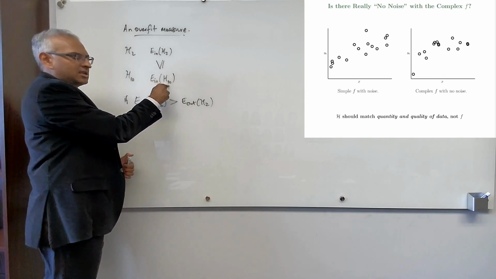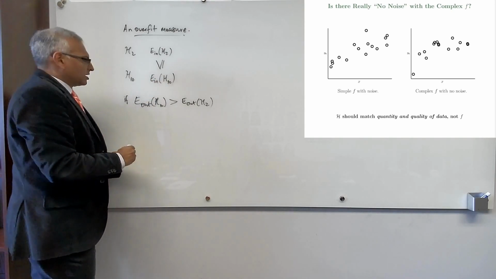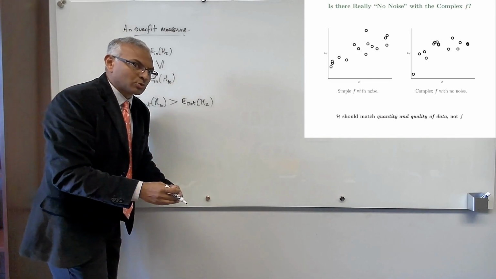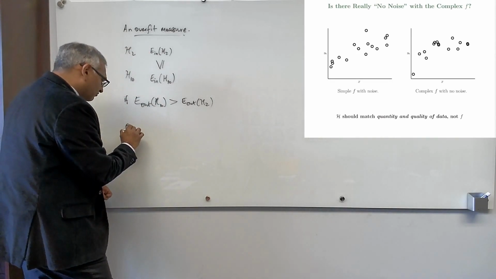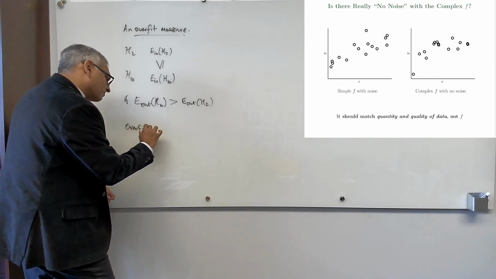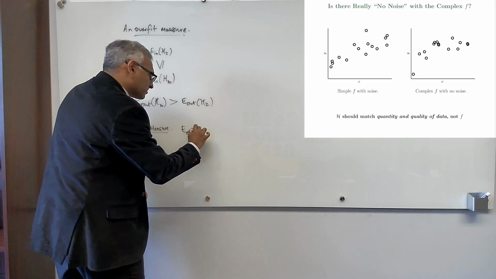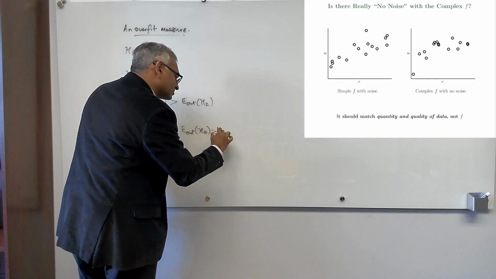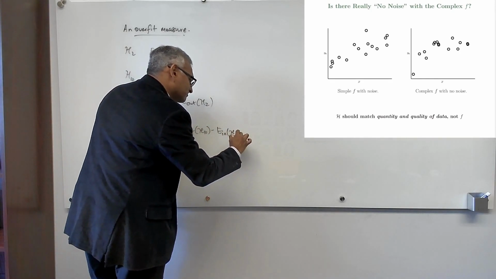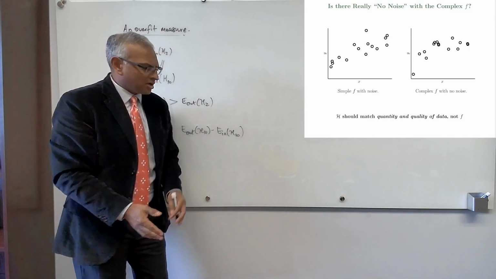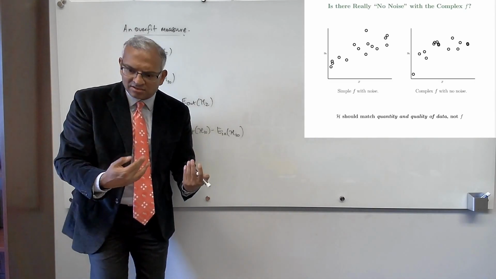So we fit the data more than warranted. Okay, so we can define an overfit measure, which quantifies how much we have overfit. We'll define an overfit measure, which is just E out of H10 minus E in of H10. Okay. And the higher this number is, the more the overfitting. The lower this number is, the less the overfitting.